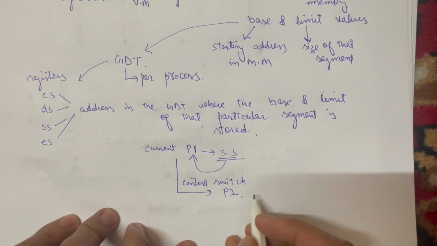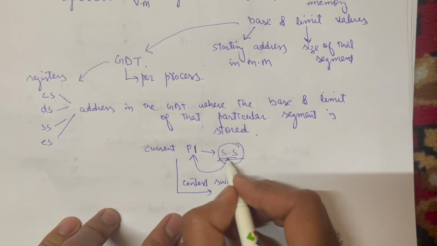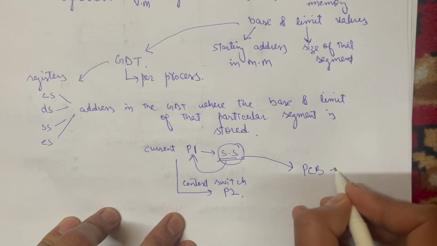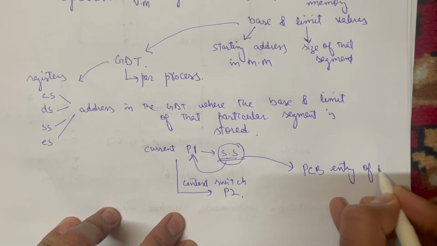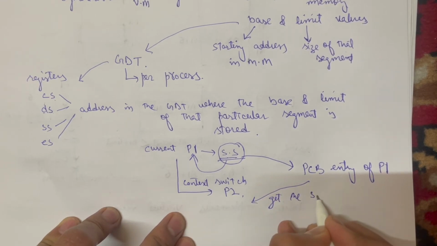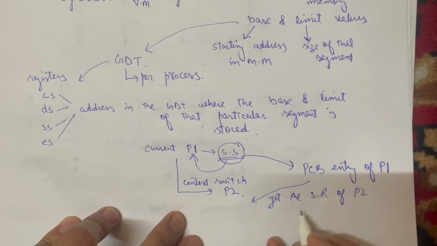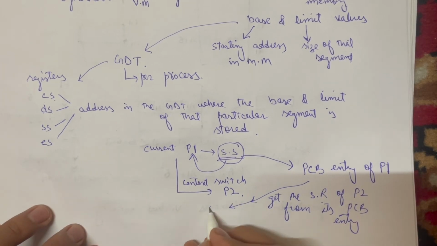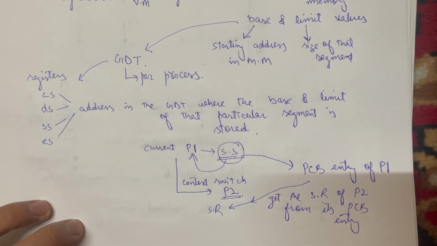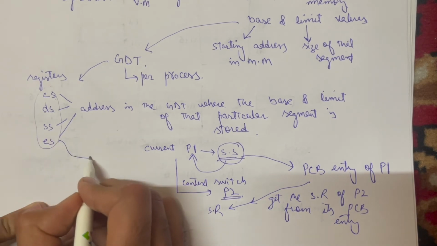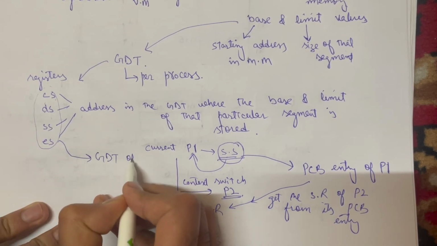So what I am going to do is take the segment registers of P1 and temporarily store them into the PCB entry of P1, and I will get the segment registers of P2 from its PCB entry and store those into the segment registers. Then I can run process P2. That means using these registers, now I can access the global descriptor table of process P2.